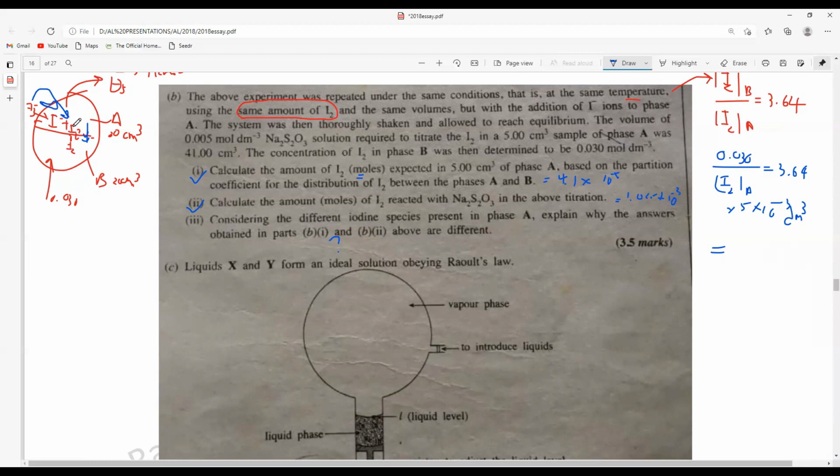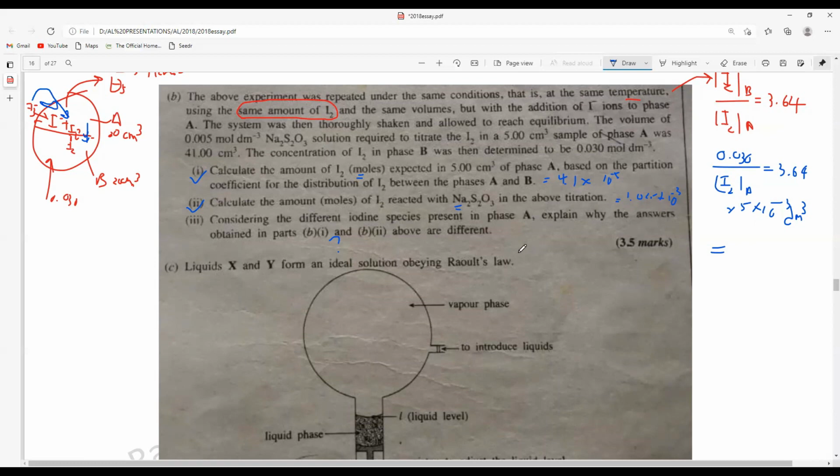It is not only the I2 that is in equilibrium, which we find through KD, because through KD we find only the I2 that is in equilibrium with the I2 in phase B. But with the sodium thiosulfate titration, we find the I2 that is in equilibrium with the I2 in phase B, and also the I2 that is already present in I3 minus, because when I2 is reacting here, this equilibrium is shifted toward the right hand side, and all I3 minus will again be converted to I2, and we find this total I2 from this titration, and that is why we get a higher value here.